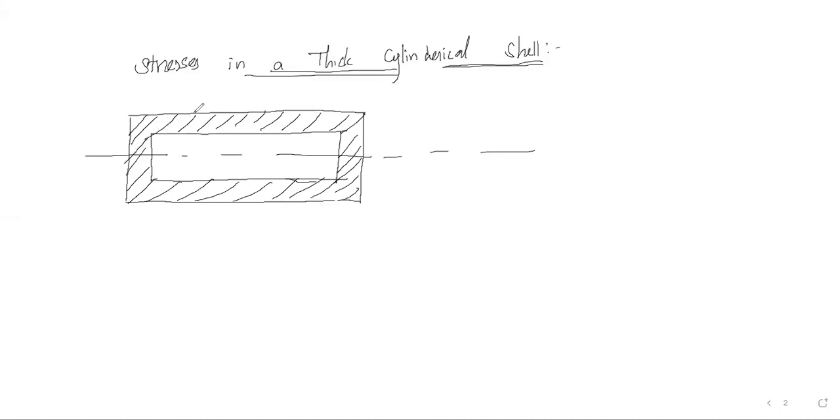Okay. And the inner dimension is R1 from the centroid, and the outer dimension is R2. That is the radius for the inner circumference and the radius for the outer circumference.